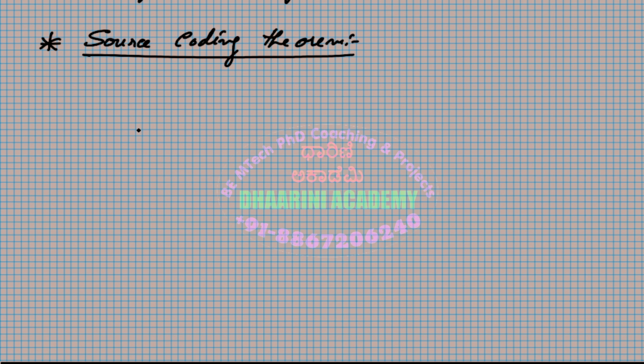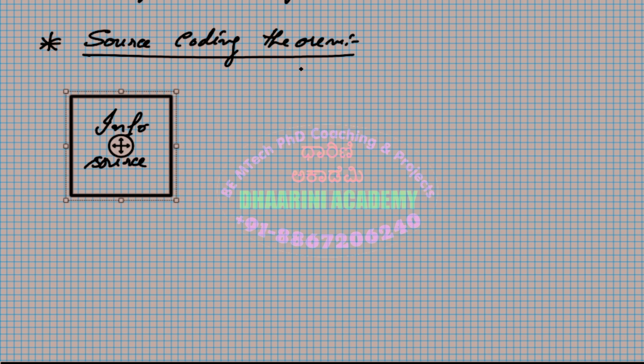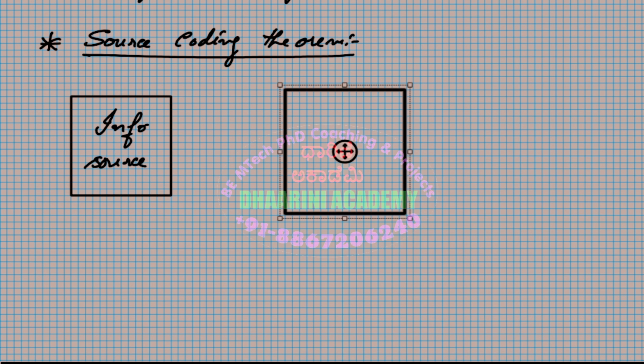I have an information source, and from the information source I generate the symbols. Let's say the symbols generated are denoted by SI.